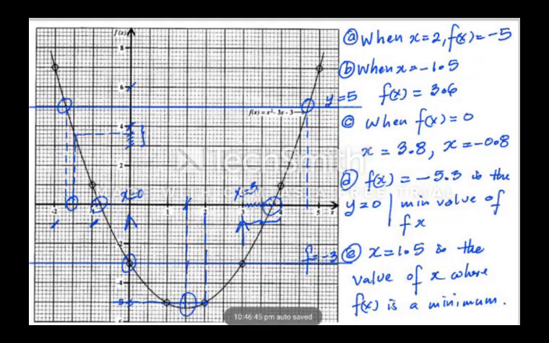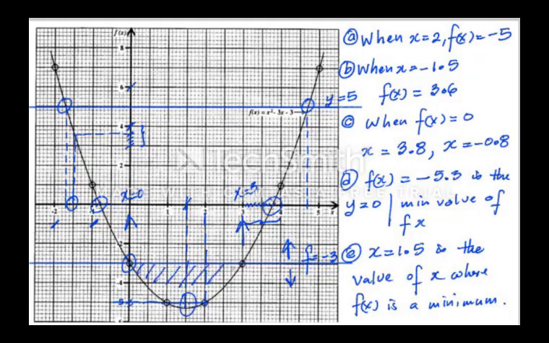This is the region on the graph that is above this line, where f of x is greater than -3, and below this line is the region of the graph where f of x is less than -3. The domain values are what they're asking for, which are the x values.